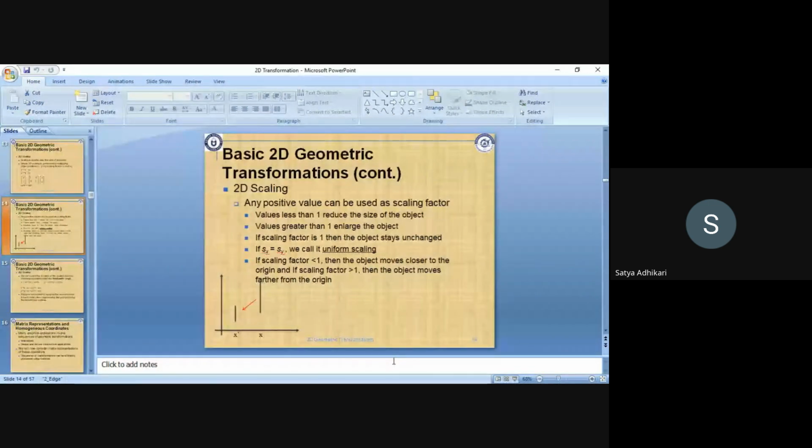If the scaling factor is less than 1, then the object moves closer to the origin. You see here, if the scaling factor is less than 1, the size diminishes, the size decreases, and the object comes closer to the origin.